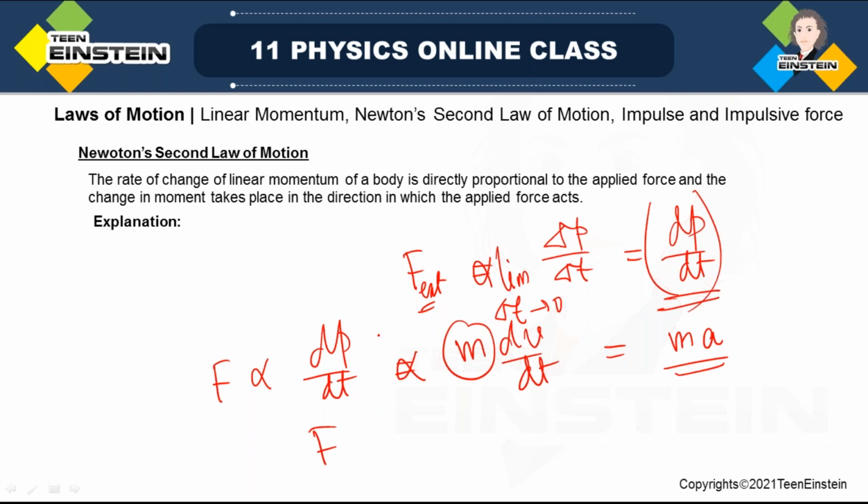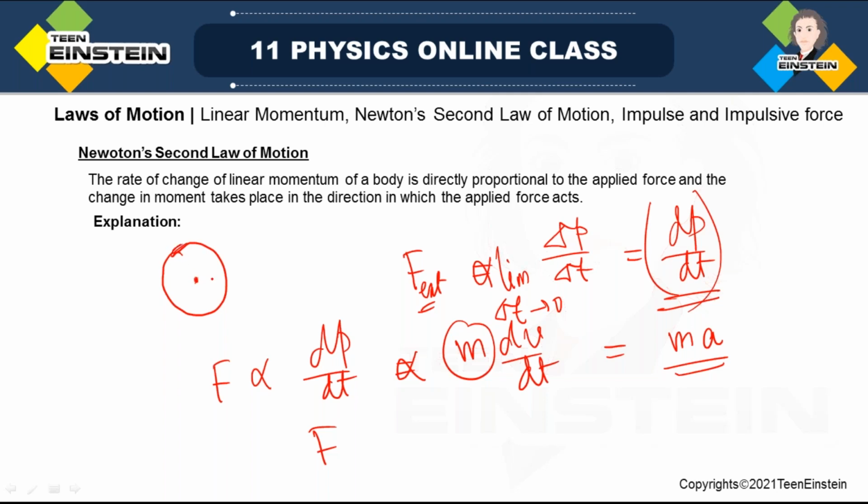In this case I had given one example: when you have a stone tied with a string and you rotate it over your head in a circular path, the linear velocity v remains constant, but what changes is the direction, and because of that the linear momentum also changes. And if the linear momentum changes, there must be a force applied to cause that change.